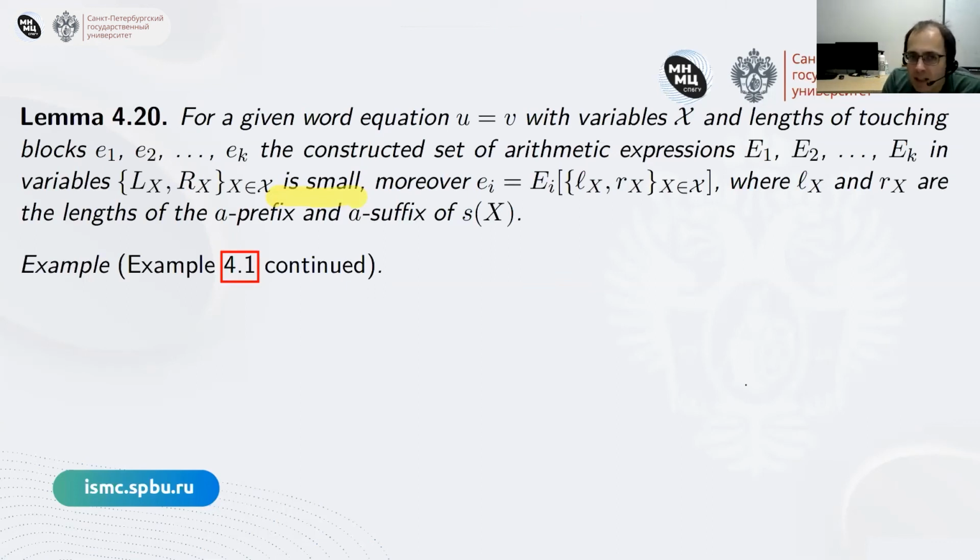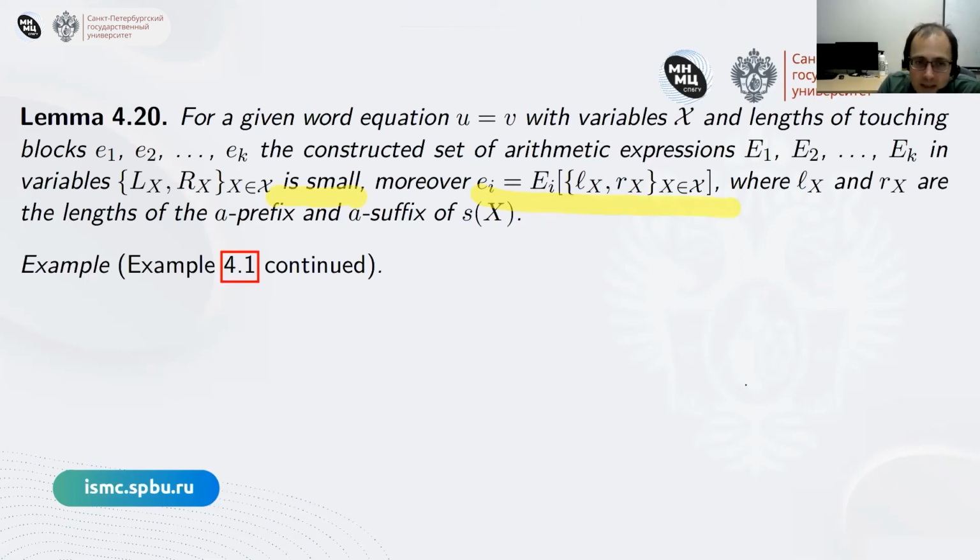And this is defined in a way so that the length of the i-th block is exactly this arithmetic expression substituted with the actual values of the lengths of the prefixes and suffixes of the equation.